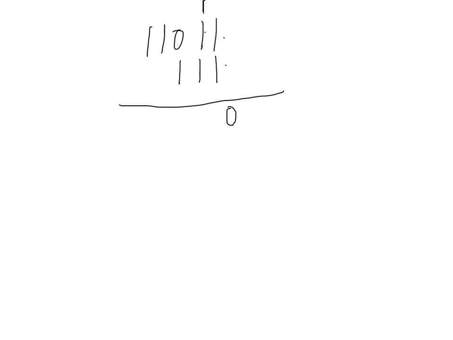Now add 111. If you add in decimal, 1 plus 1 plus 1 gives you 3, but 3 in binary is really 11. So this one is going to be 1 here and 1 goes here. Now 1 plus 0 plus 1 gives you 2 in decimal, which is 10 in binary.